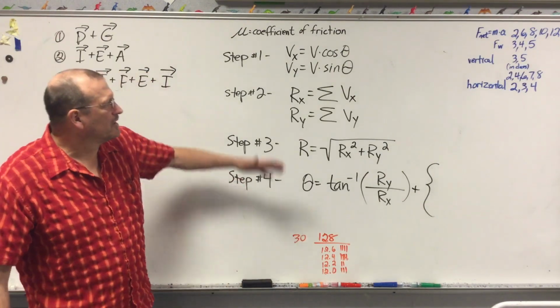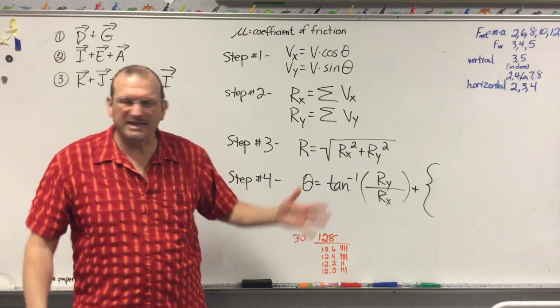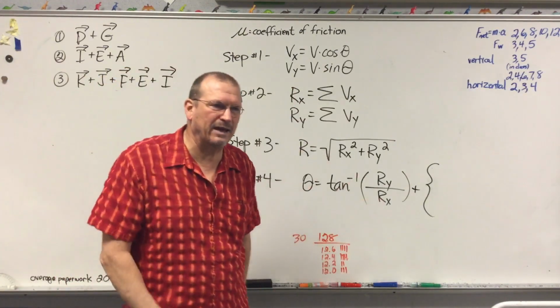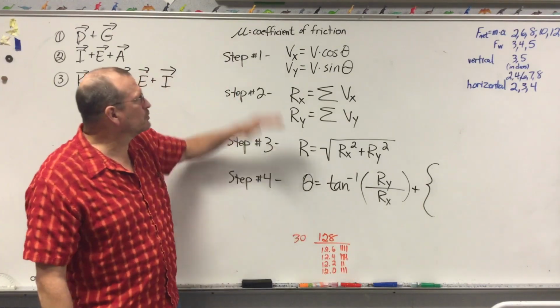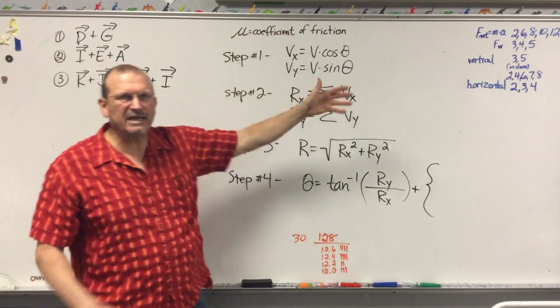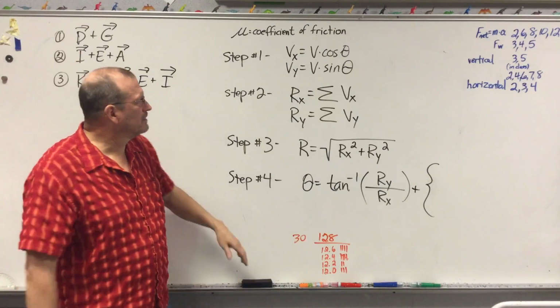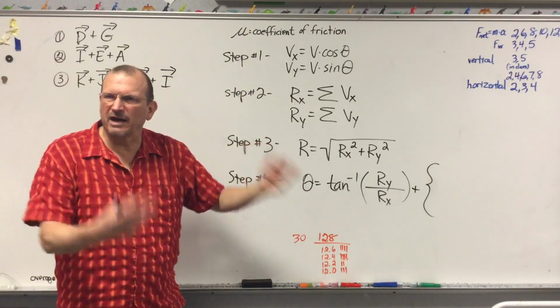We mentioned this whole process is super easy to break down into steps, so you can program it into a calculating device. You can just enter a v and a theta and another v and a theta and tell it to add them, and it'll do all this behind the scenes.